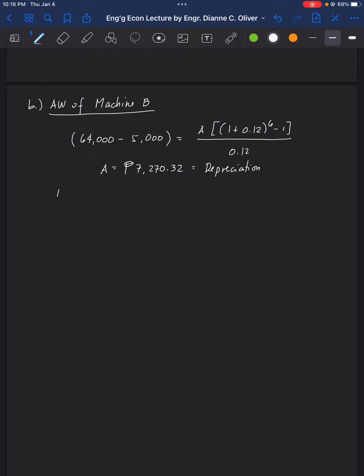Then we have also the interest on investment. That is the first cost of 64,000 times 0.12. How much?